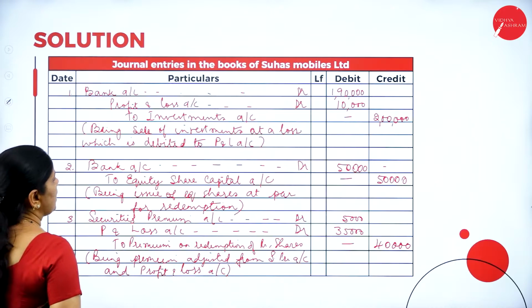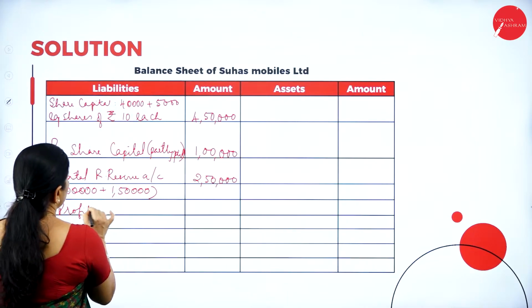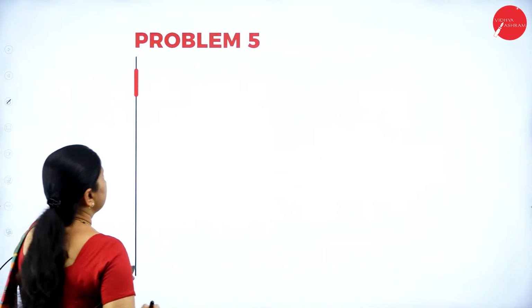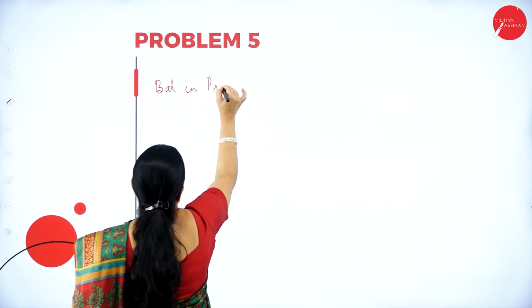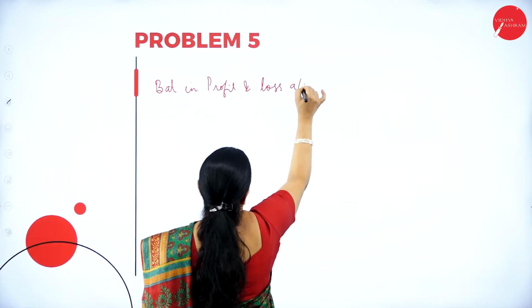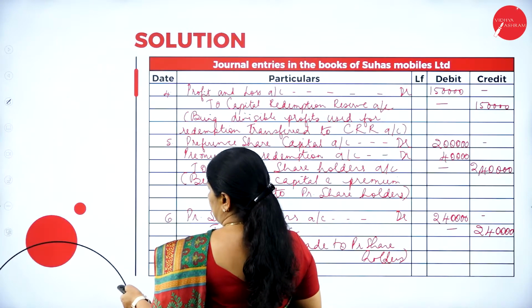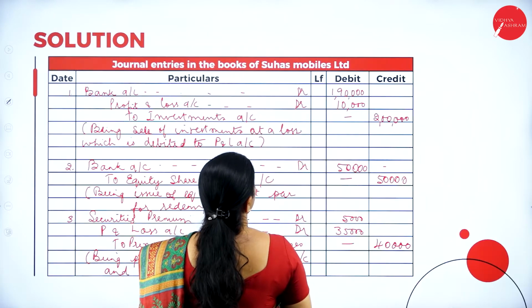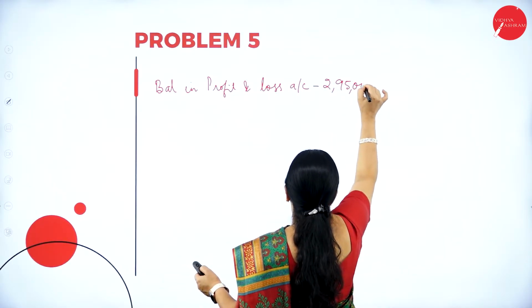Then profit and loss account. So this profit and loss account, we will have to calculate the balance. We will see here in the next slide. So balance in profit and loss account. So what is the balance given in the balance sheet? 2,95,000.